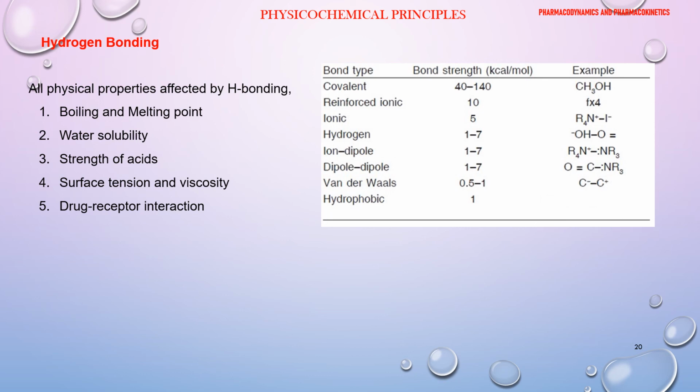Some of the physical properties that are affected by hydrogen bonding in the drug are its boiling and melting point, water solubility, strengths of acids, surface tension and viscosity, and drug-receptor interactions. We had discussed various types of bonds while discussing drug receptors.